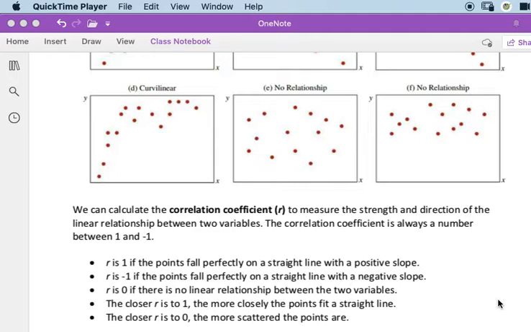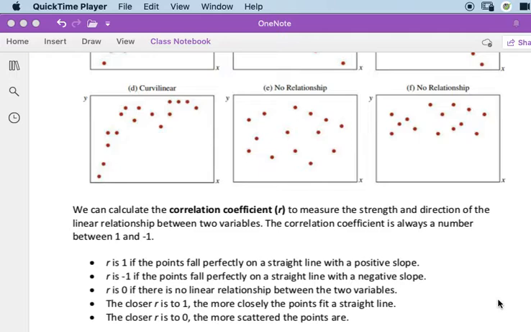If the points fall perfectly on a straight line with a positive slope, then R would be 1. If the points fall perfectly on a straight line with a negative slope, R would be -1. And an R value of 0 means that there is no linear relationship between the two variables. So they would be scattered, or it could possibly mean that they make a shape that is not a straight line.